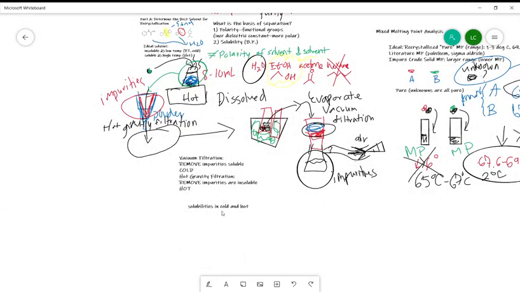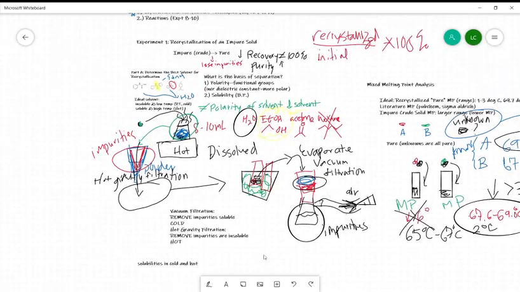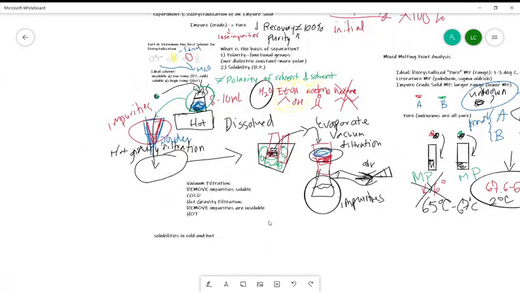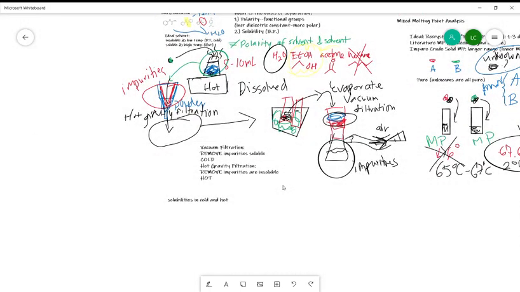So you need to know how to do this calculation to determine the maximum possible yield of a recrystallization. So assuming everything was perfectly done, you still have the loss, as I said earlier, because of your losing impurities.